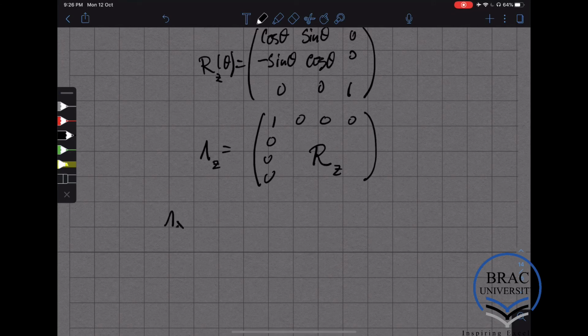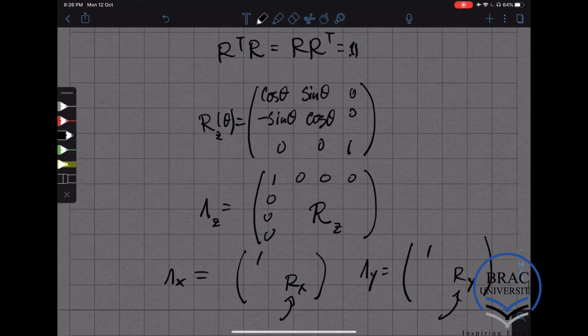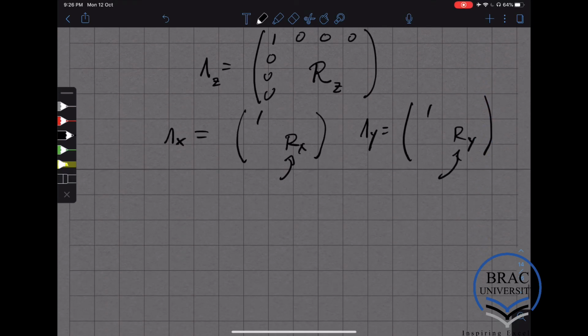There will also be lambda x, which will be a rotation around the x-axis, which will have the form of R of x here, and then there will be lambda y, which will be R of y. And I'm assuming that you're familiar with Rx and Ry. So these are the first type of Lorentz transformation, which are rotations. And these Lorentz transformations form a closed set.